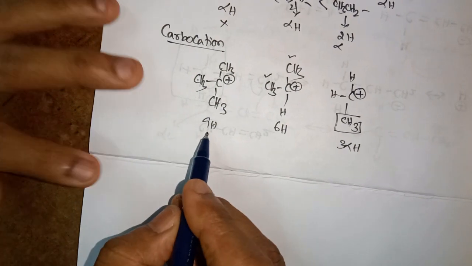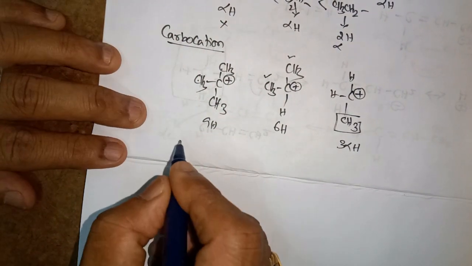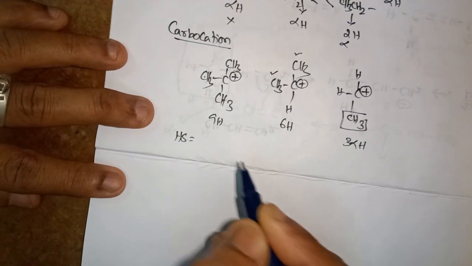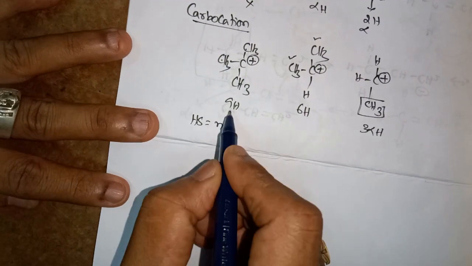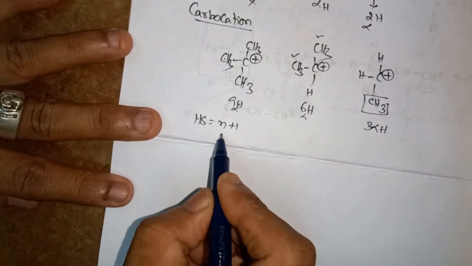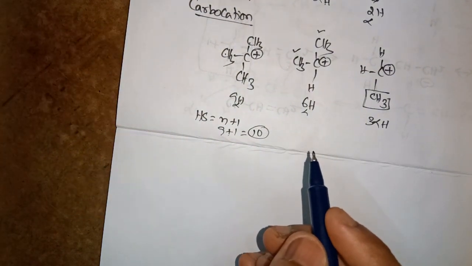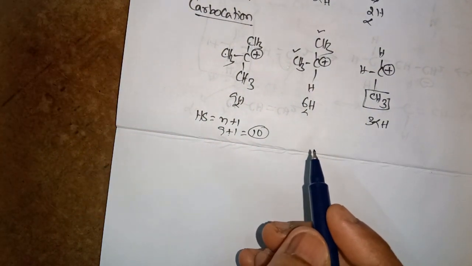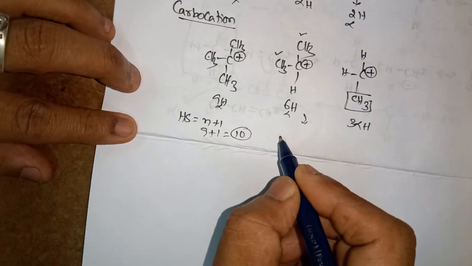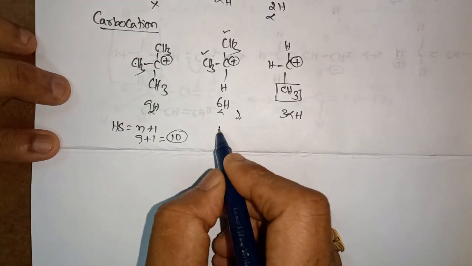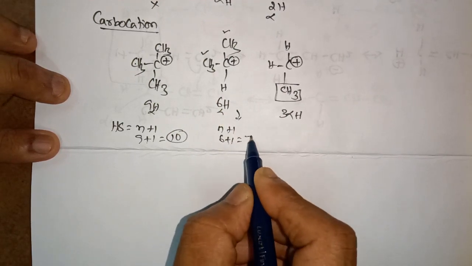If it has 9 alpha hydrogens, how many hyperconjugative structures does it have? I already said it is n plus 1, where n is the number of alpha hydrogens. With 9, it is 9 plus 1, which is 10 hyperconjugative structures. Here n is 6, so 6 plus 1 is 7.